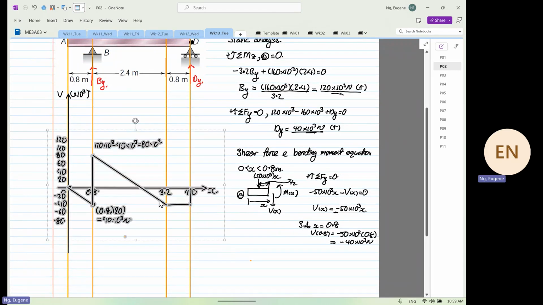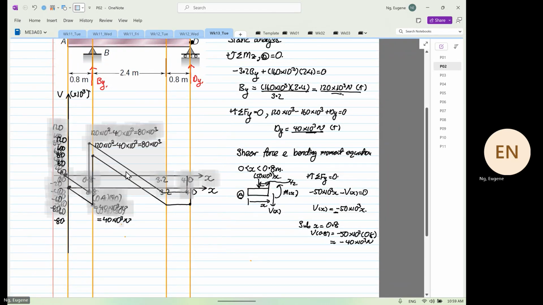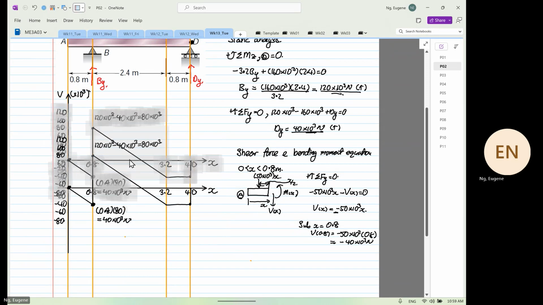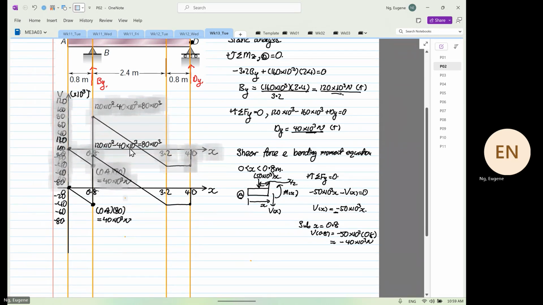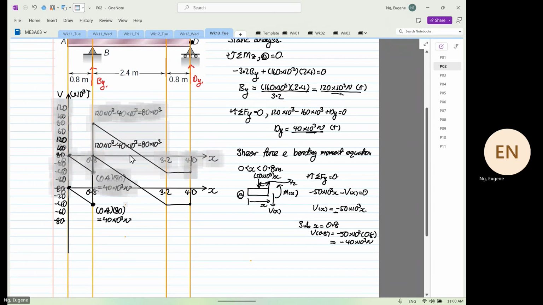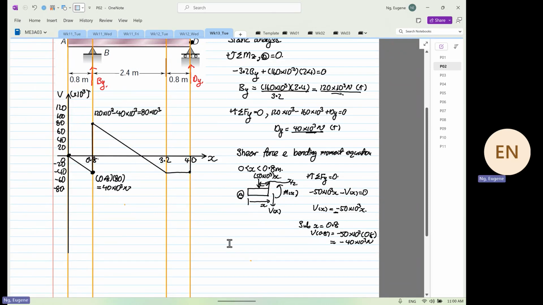I'm going to move this up. Now, with the shear force diagram, we still don't know, I correct my statement, we still don't know.